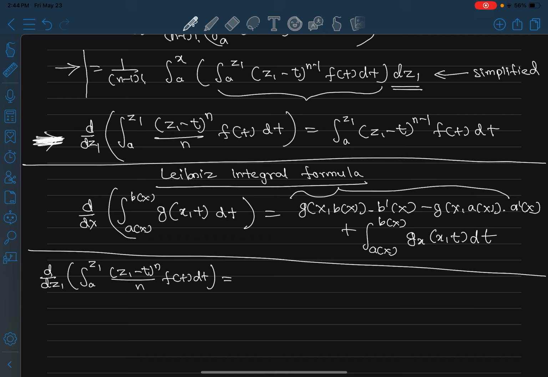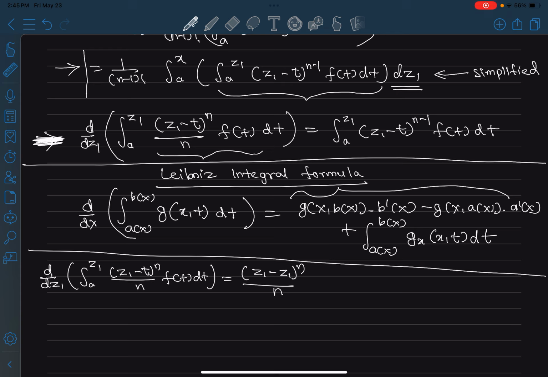Our g is the entire function g, so we will have x comma b of x. x is just g1 and b of x in this case is also g1. So we will have g1 minus g1 to the power n by n.